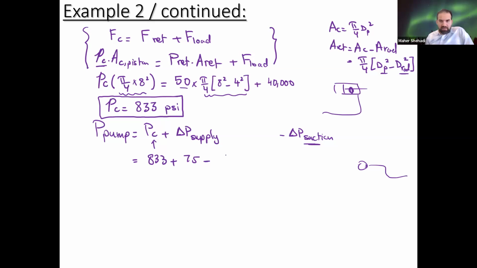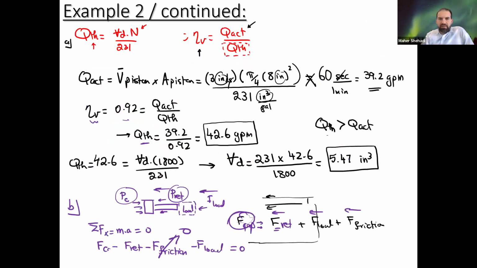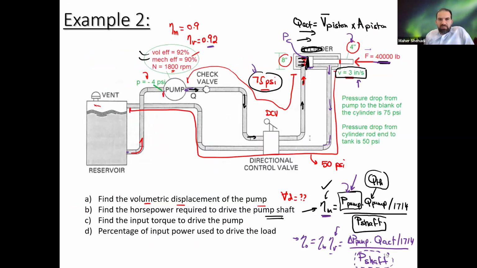Minus minus 4. So it becomes plus 4. Okay, why I remove that? It's not here because the pump needs to push the oil from here to here and then also overcome this.